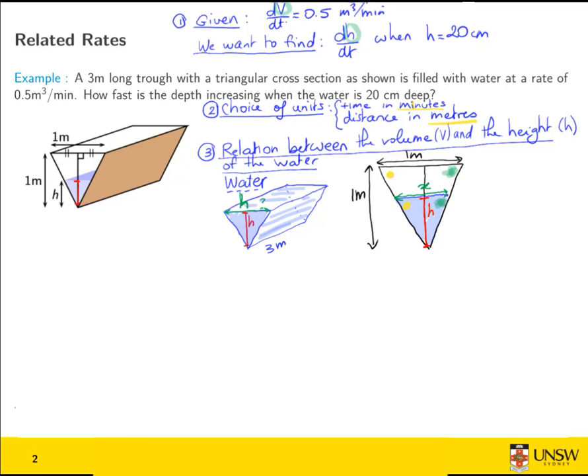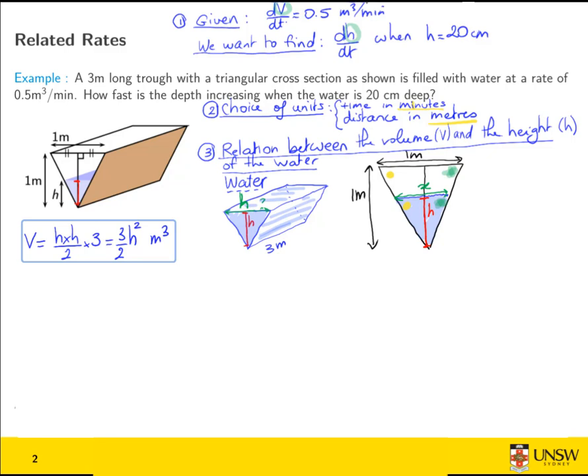So we get V is equal to the area of the triangle, which is base times height divided by 2, times the height of the prism, which is 3 here. So we get 3/2 of h squared. And since we decided that all our distances were in meters, this gives us cubic meters. So we managed to find a relationship between the volume and the height, as promised.